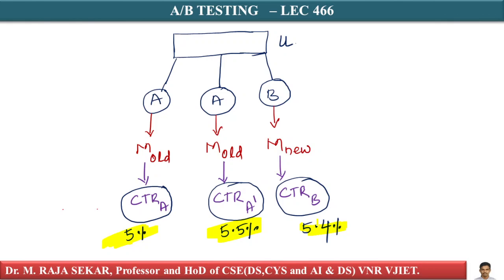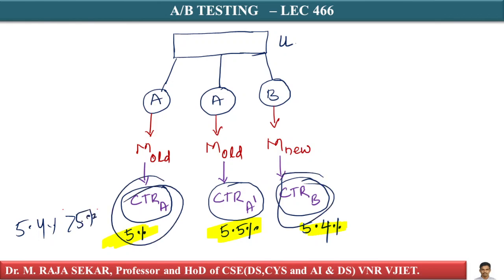If we change this splitting slightly, the old model MOld itself gives 5.5%, even though 5.4% is greater than 5%.